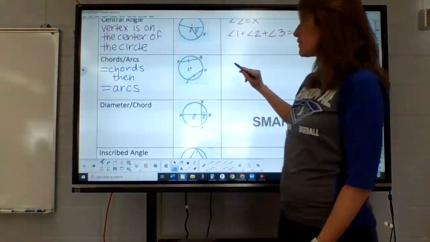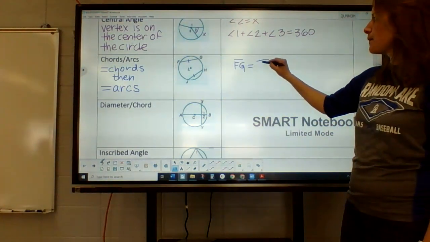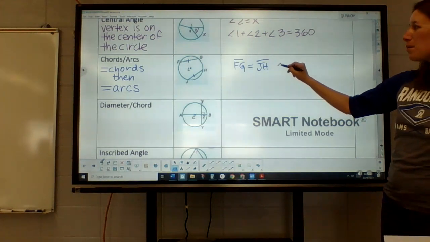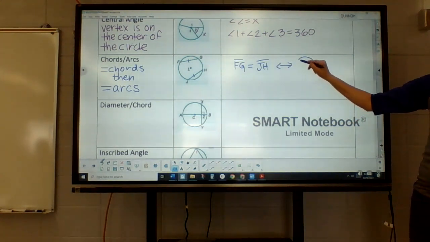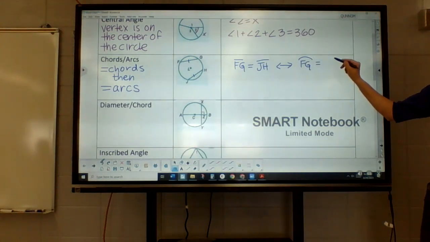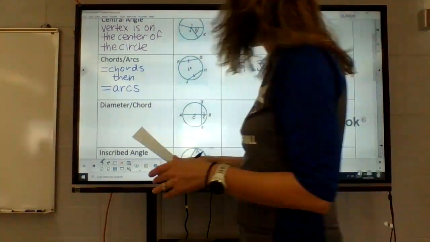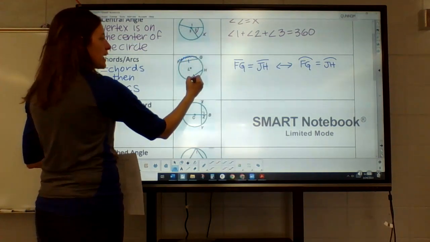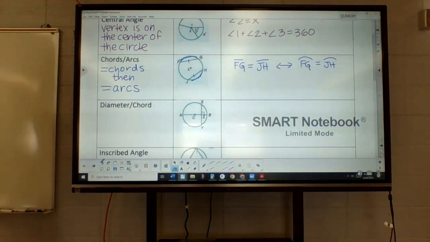So if these chords are the same, that means that then the arcs are also the same. And we use a double arrow with this to show it works either way. So if I have those chords that are equal, then I have the arcs are going to be equal as well, and vice versa. It goes both directions.